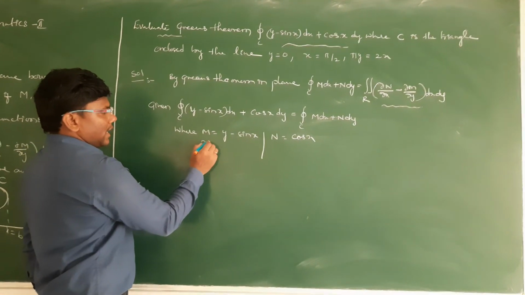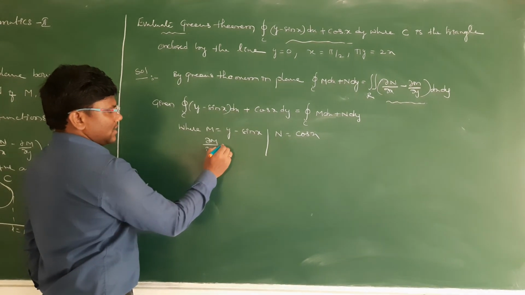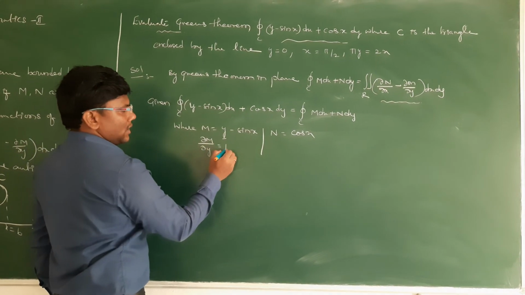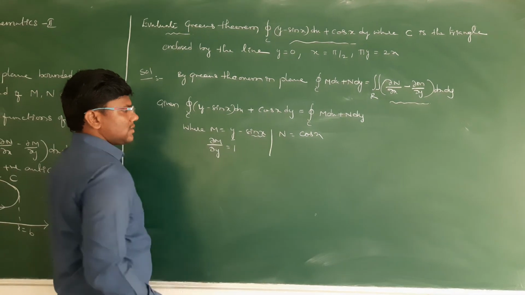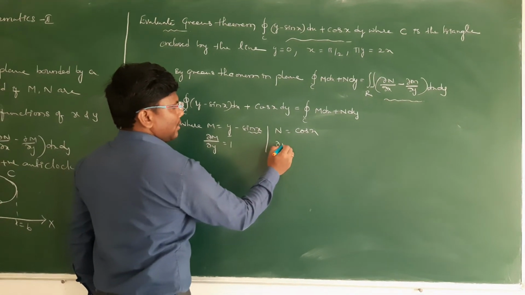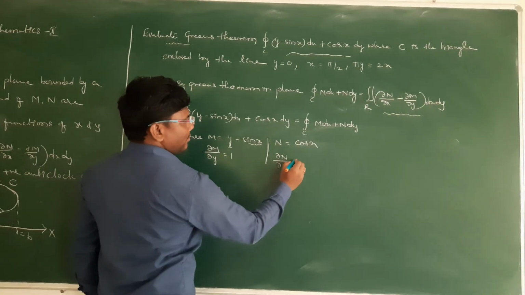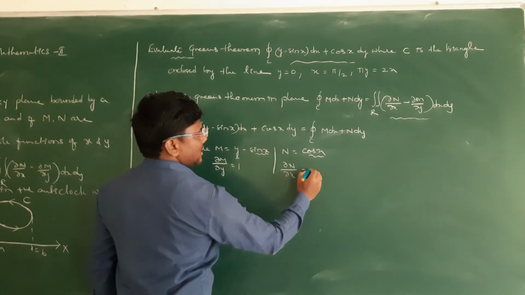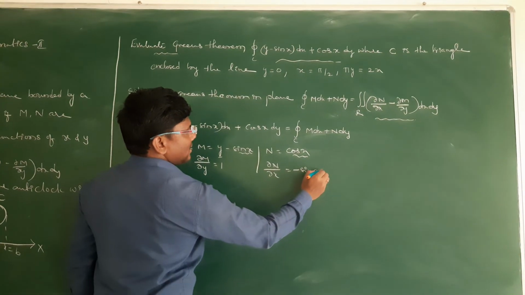Find the ∂M/∂y value: differentiate M partially with respect to y. The y derivative is 1, and the sin x derivative is constant, so it is 0. Next, ∂N/∂x: differentiate N partially with respect to x. The cos x derivative is minus sin x.